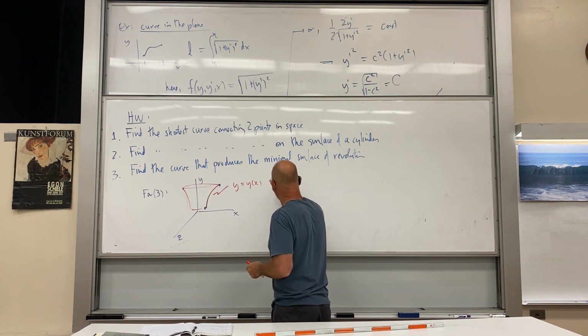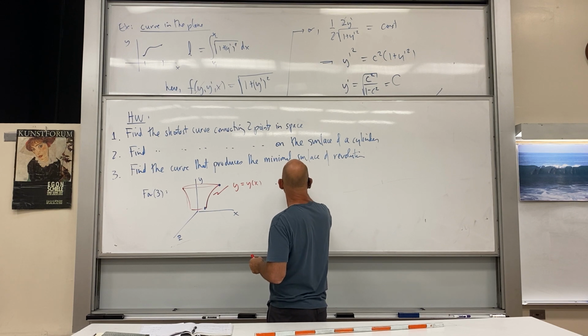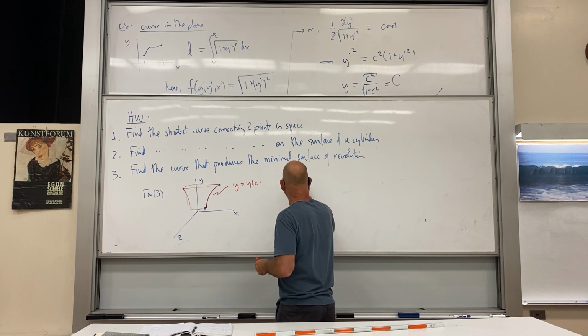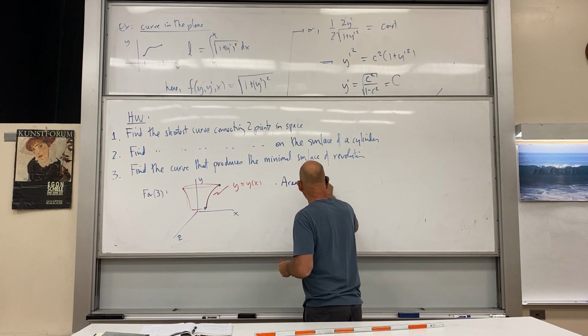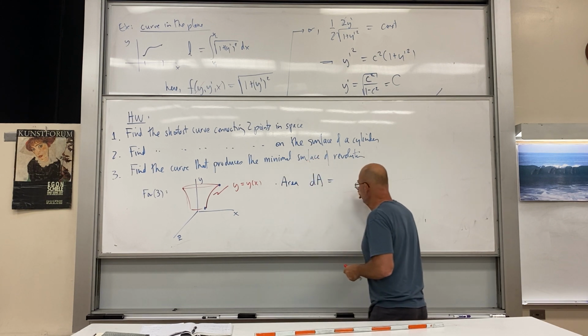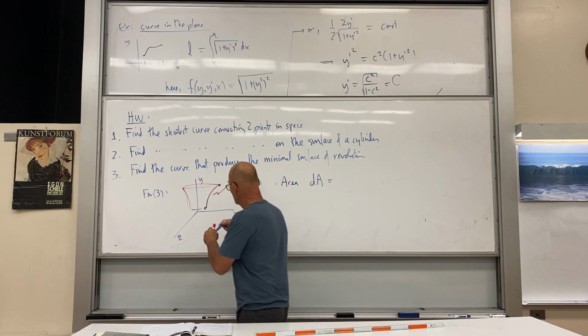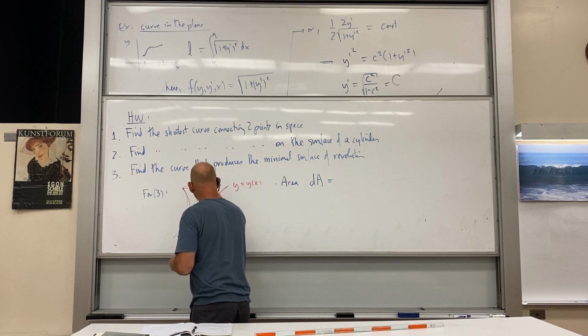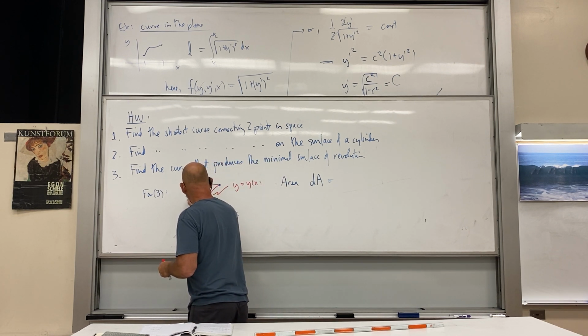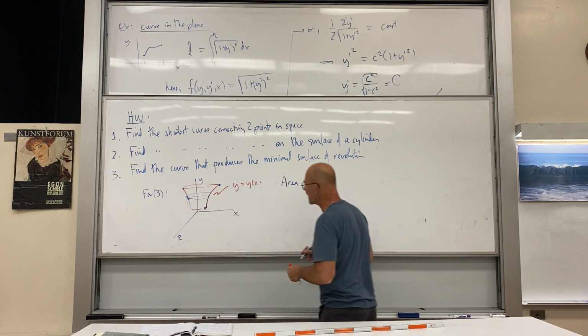And now the area dA, we can say is equal to a little piece here that comes around. So we need the dA of that little ribbon.